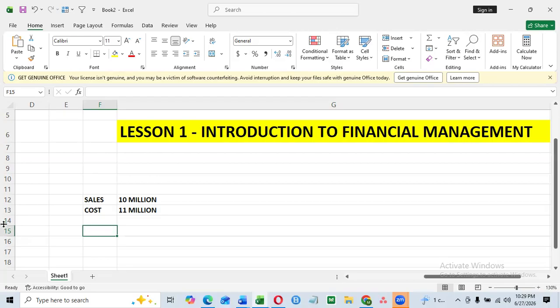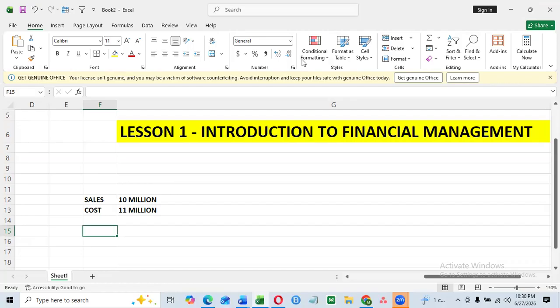So to begin with, what is financial management? Financial management is the planning, organizing, directing, and controlling of financial activities within an organization.